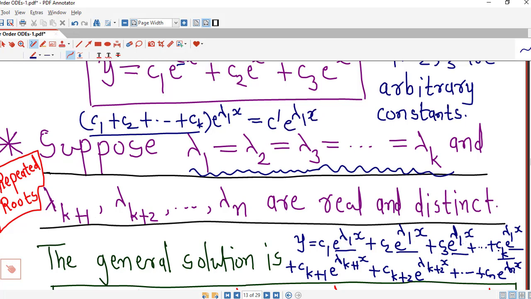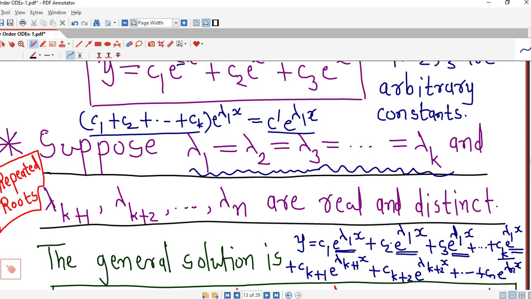So up to this term, we have only one essential constant. So there will be fewer than n essential constants in the general solution if we write it this way. Why does this happen? Because we have the same function in each term up to the kth root.